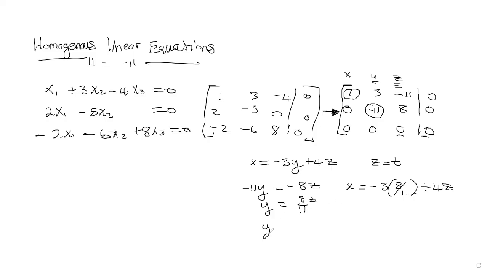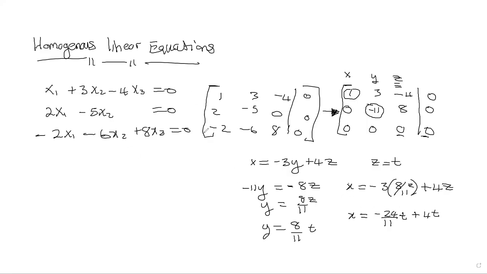So this would be 8 over 11 t instead of z, and then the x will be minus 24 over 11 t plus 4t. Then you just combine this.